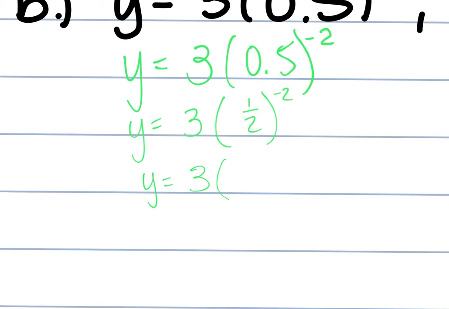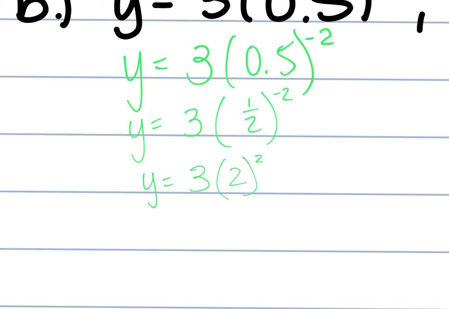There we go. Remember, a negative exponent means what? You flip it. So we're only flipping the base. What's the base of this negative 2? 1/2, right? So Gio, don't touch the 3, okay? And Val, make sure that you flip it, okay?